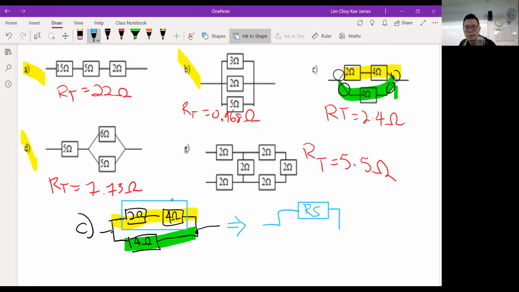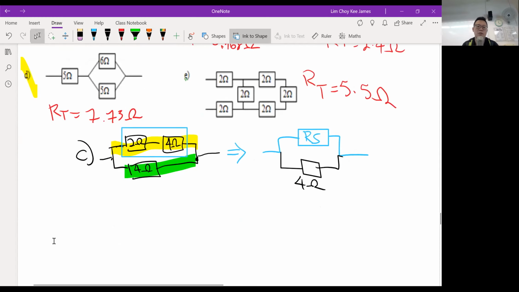RS. The 4 ohm is still there. So RS, a simple 4 plus 2, will be 6 ohms here. So I can straight away write 6 ohms. Then after that, I will further transform the circuit, because I know these two are confirmed parallel branches, the ideal arrangement, up and down, nothing on the left, nothing on the right.